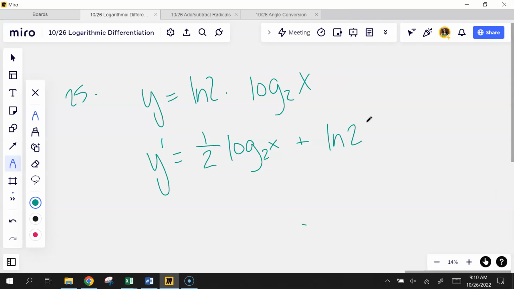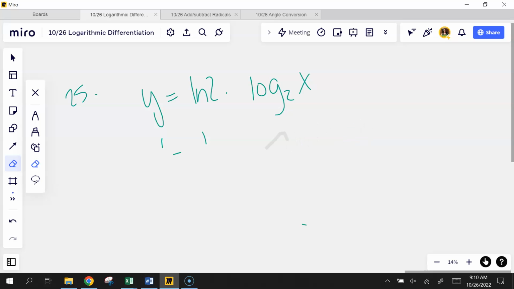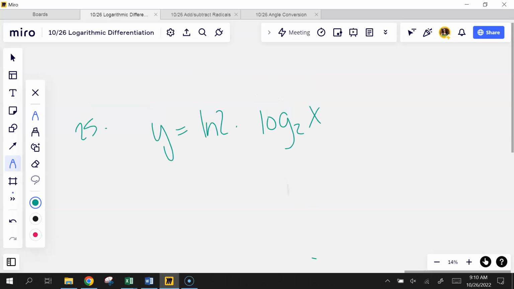Oh, this is silly. I didn't even have to do all that. It is a constant, yeah. This doesn't need product rule. I mean, it's not wrong that I was doing it, but actually, it is wrong because the derivative of a constant is 0. Log 2 is a constant, right?